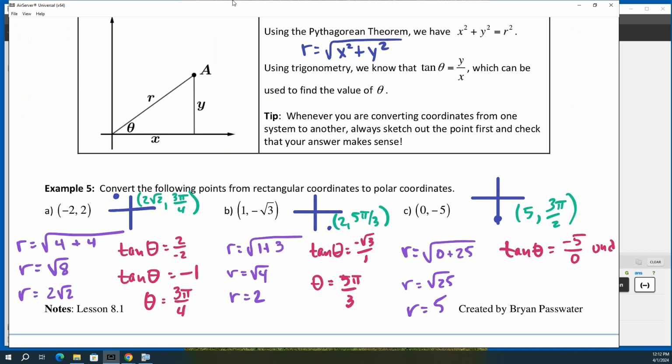All right, so undefined there at that point. If we did the y divided by the x, there's 2 places where tangent is going to be undefined on this graph. It's going to be up here and down here. We know we want the one down there, so it's 3 pi over 2. So that unit circle is definitely going to be helpful when you do this lesson.